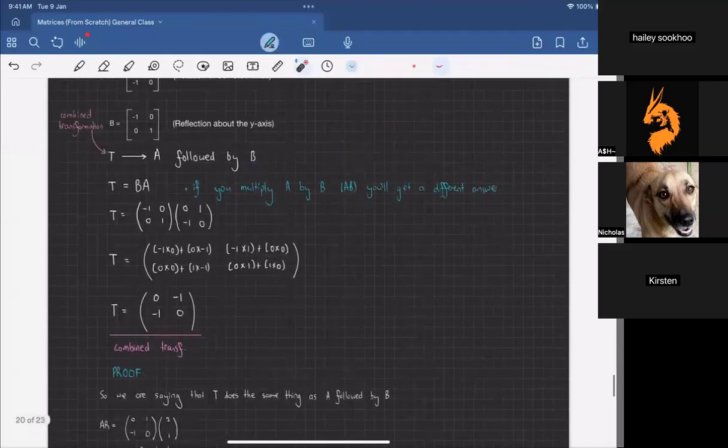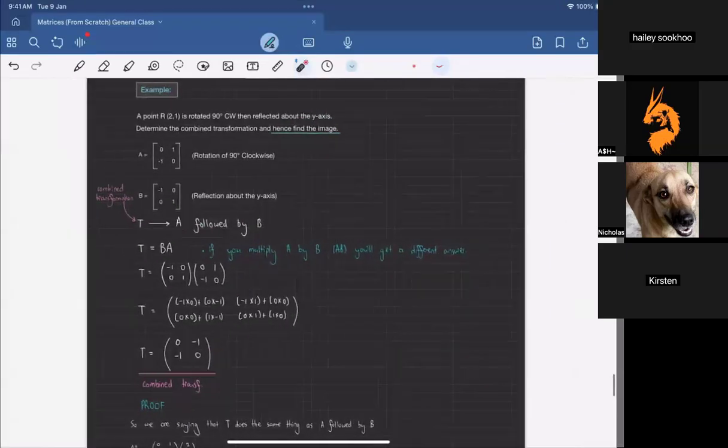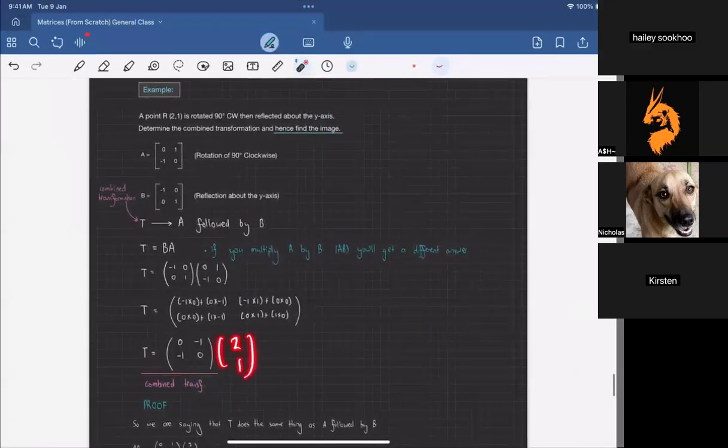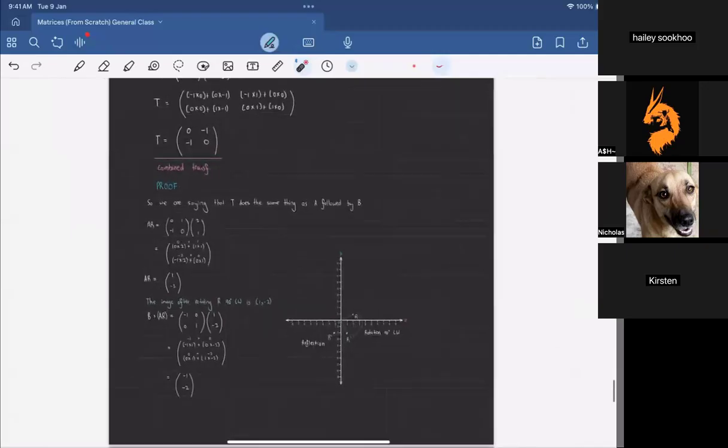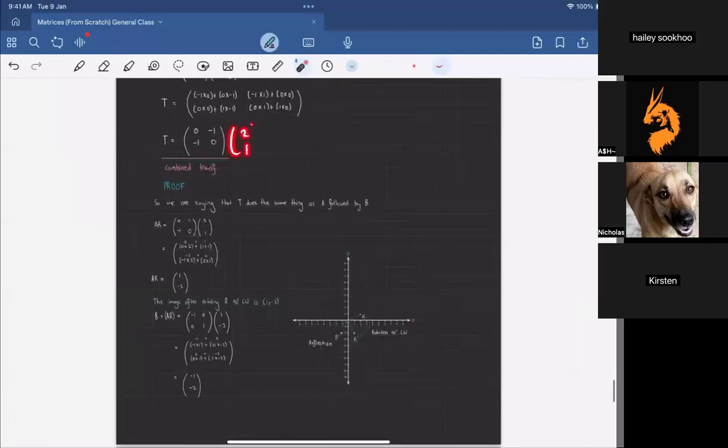If I multiply my object 2, 1 by this, what am I supposed to get? Remember, the combined transformation is the same thing as 90 degrees clockwise, then reflection. So what are we supposed to get?